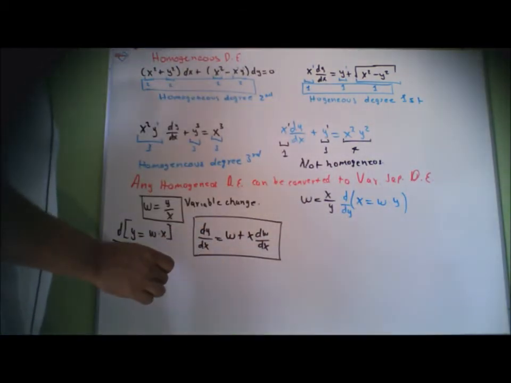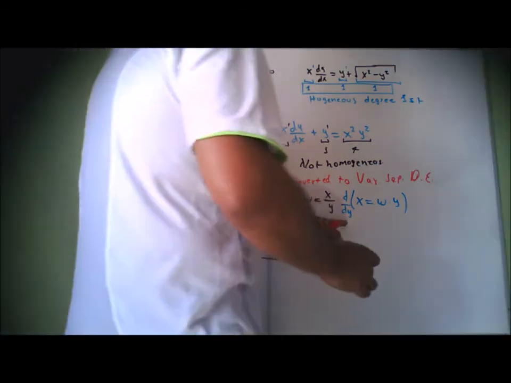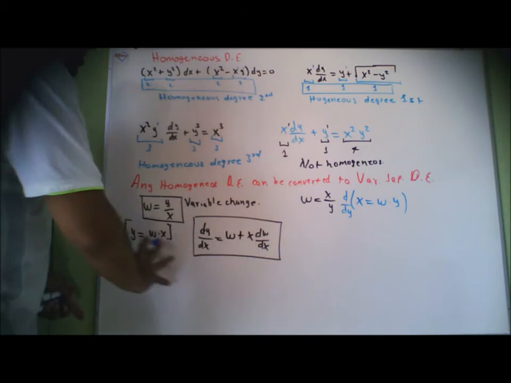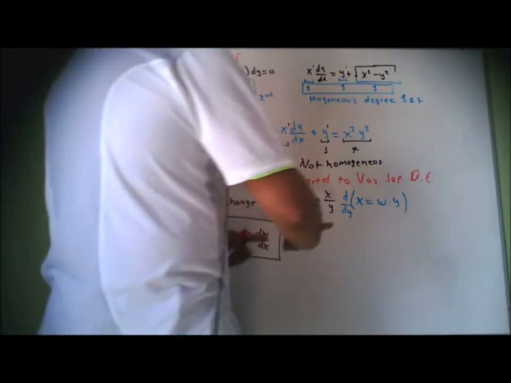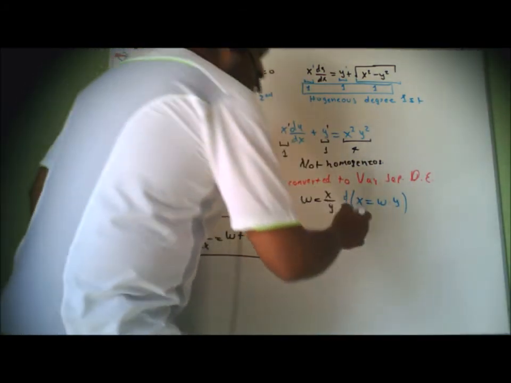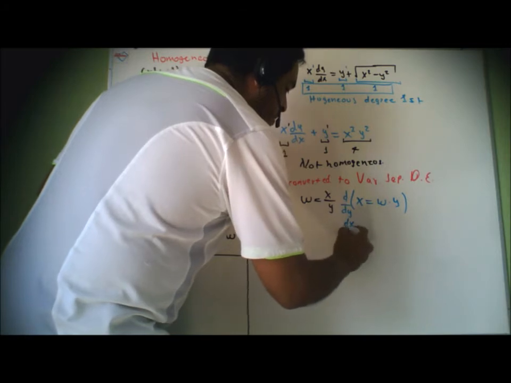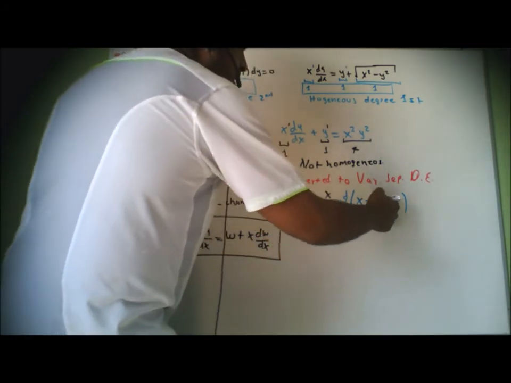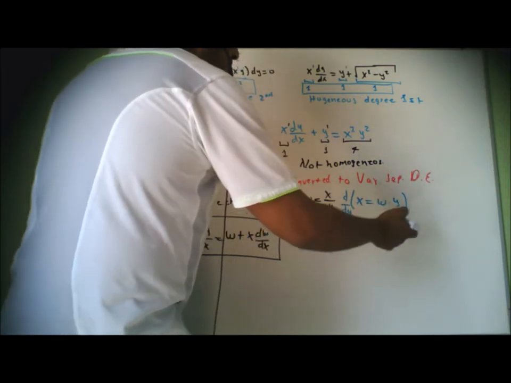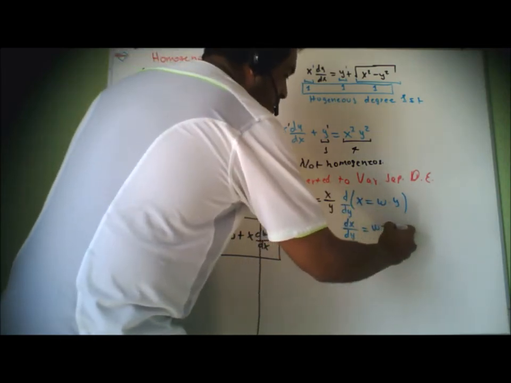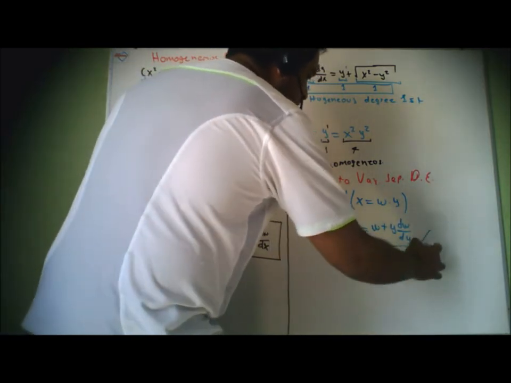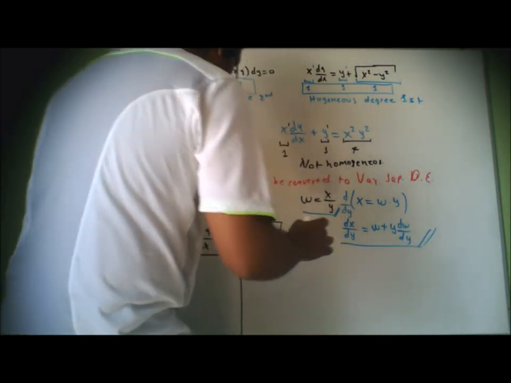So the derivative of x with respect to y equals w times the derivative of y with respect to y, which is 1, w plus y times the derivative of w with respect to y. Here are the two formulas that you are going to use.